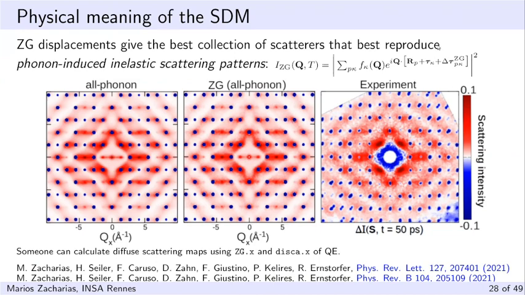But by just incorporating in this expression the ZG displacements, the special displacements, we'll get also the inelastic scattering. And as we will see here, this result is actually in excellent agreement with the exact result and also with experiment. So the way I like to describe the special displacement is that it will give the best collection of scatterers at thermal equilibrium that best reproduce phonon-induced inelastic scattering patterns.